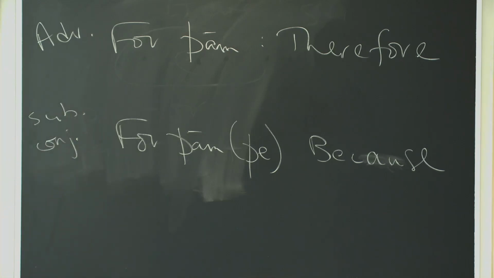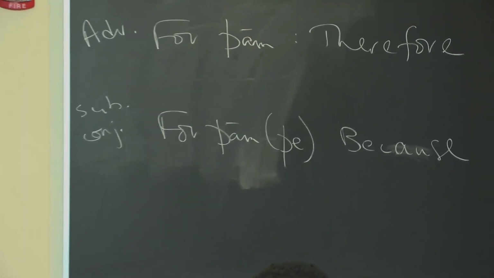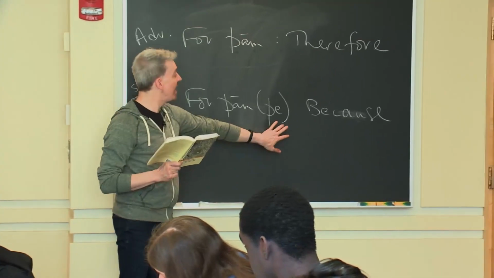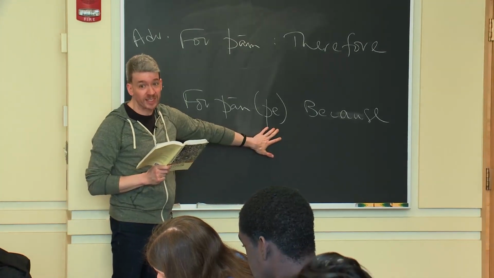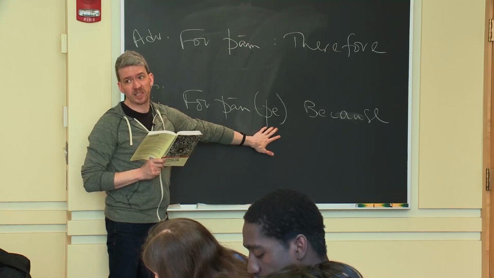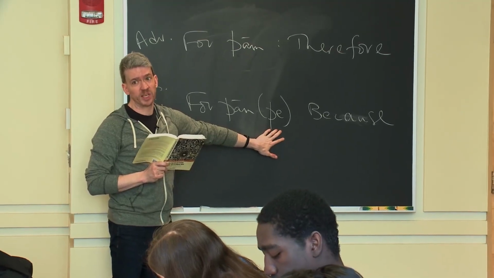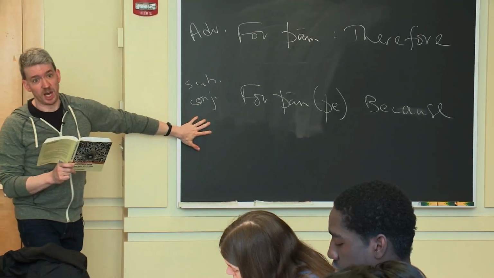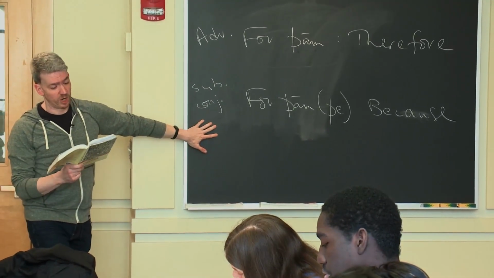Often, I would say in the prose usually, and in the poetry sometimes, the author will give you a hint as to which is which by adding this indeclinable the, introducing the clause version, the subordinating conjunction version of the word or phrase.